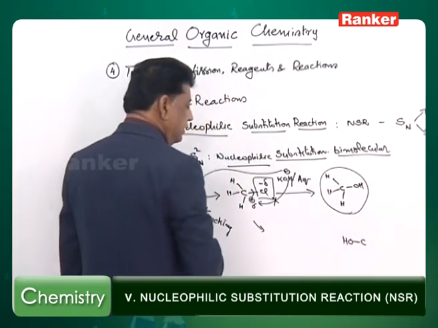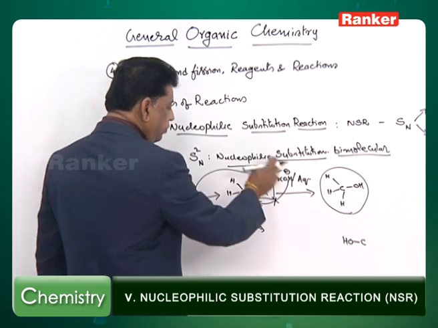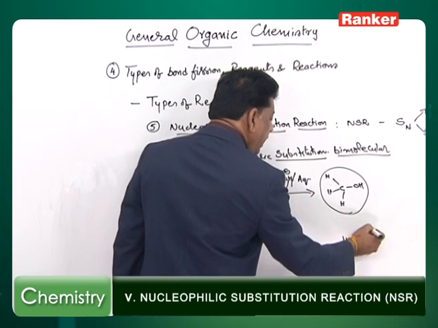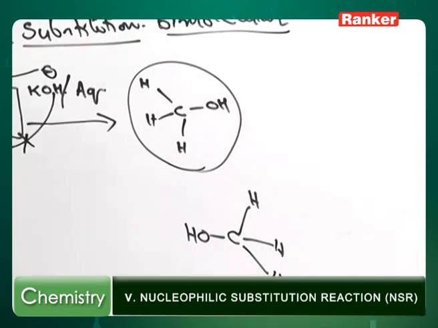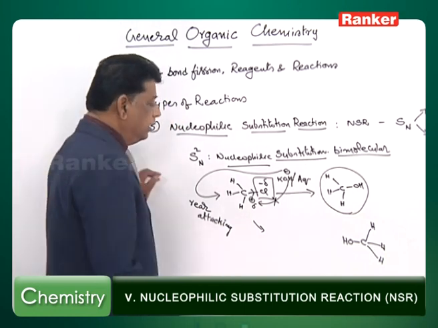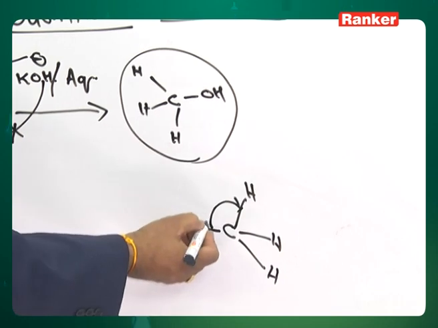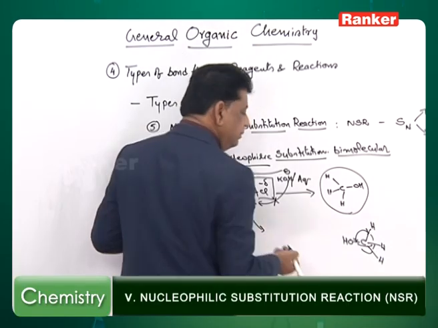Though we have written it with a simple mechanism, internally the OH makes a bond from the back side. What about the hydrogens? The hydrogens will go from this side to that side, right? In order to keep the angle 109 degrees, wherever you measure it will be the same angle.